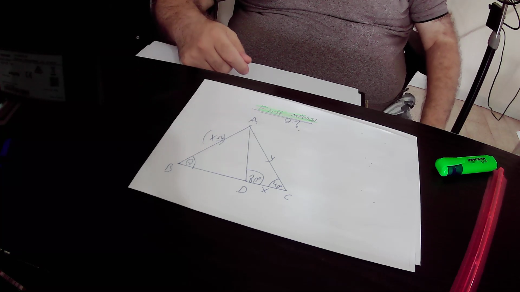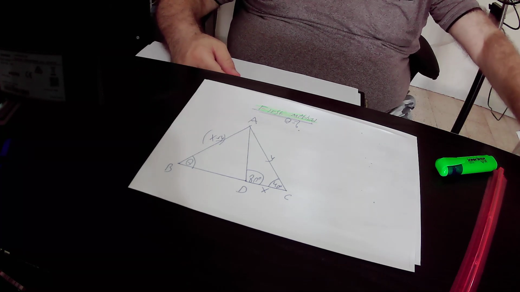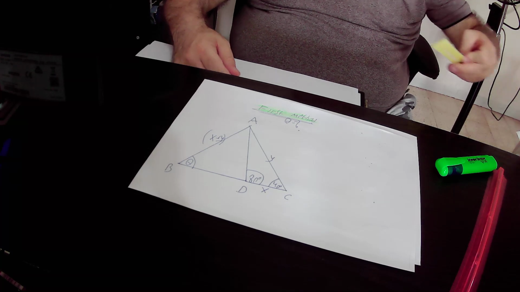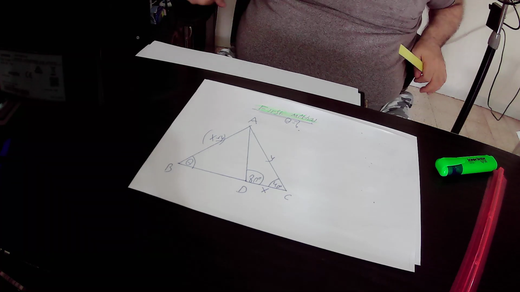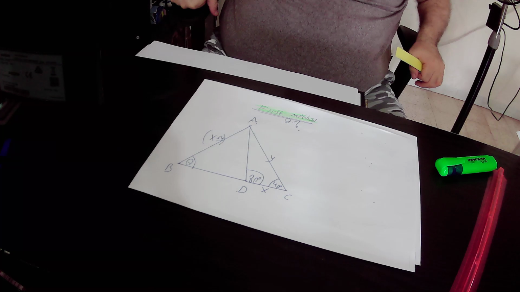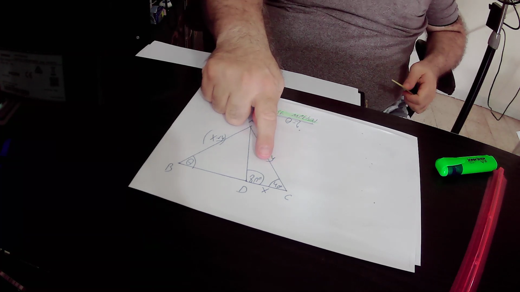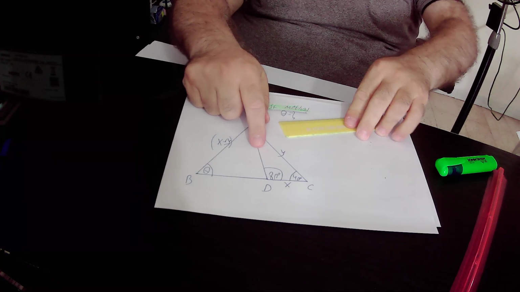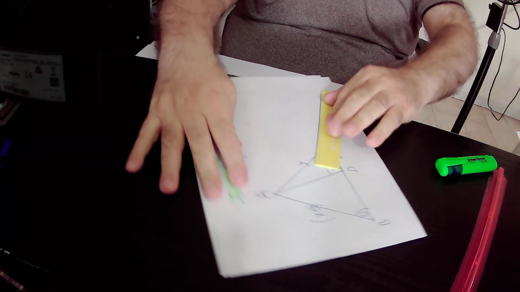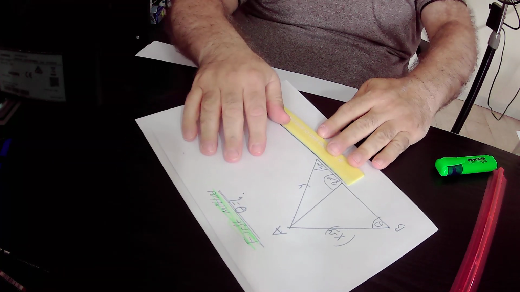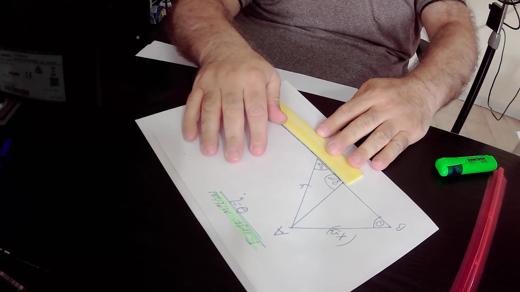So in the first method we'll do a construction. We will extend the side BC by y units. Okay. We'll extend side BC by straight line in y units.